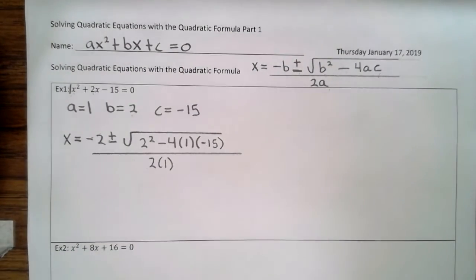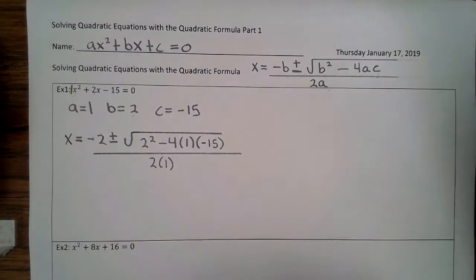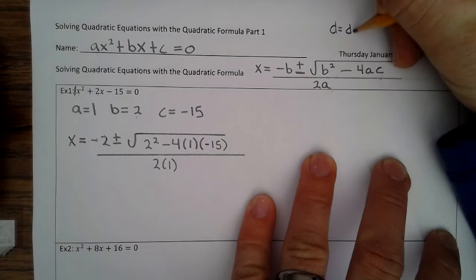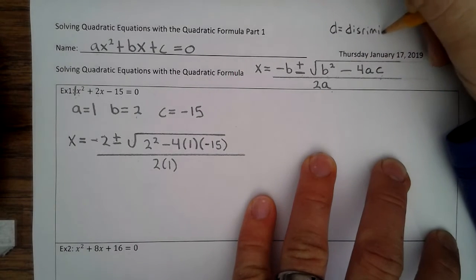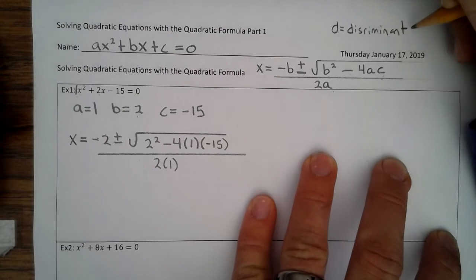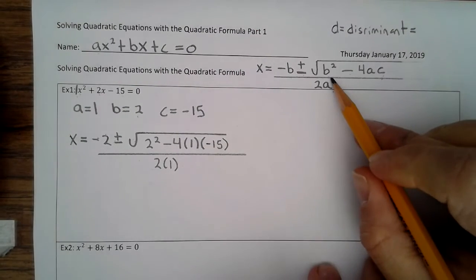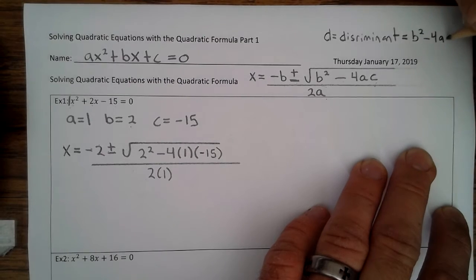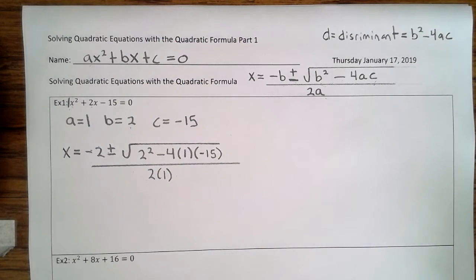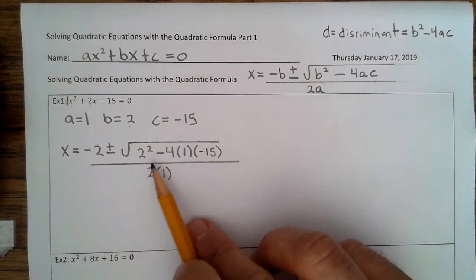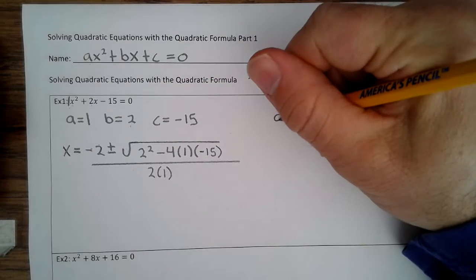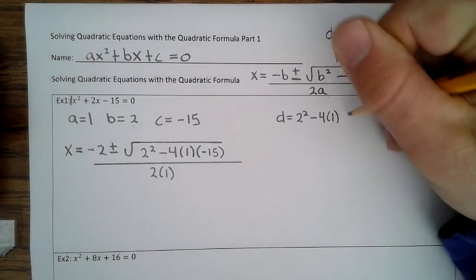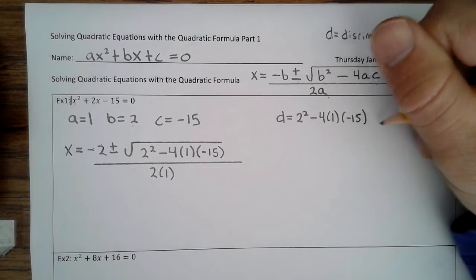Now, before you move on, you want to find the discriminant. The discriminant is what's underneath the square root, so b squared minus 4ac. The d value is 2 squared minus 4 times 1 times negative 15.